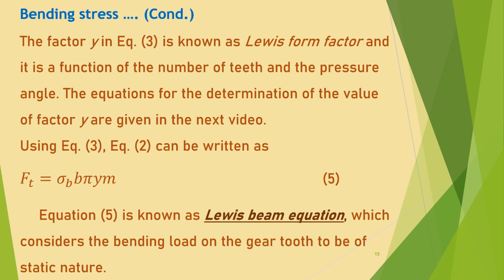Using equation 3 in equation 2, we get Ft is equal to sigma b, b pi m y. And this is the basic design equation considering the bending stress only. This equation is known as Lewis beam equation, which considers the bending load on the gear tooth to be of static nature.